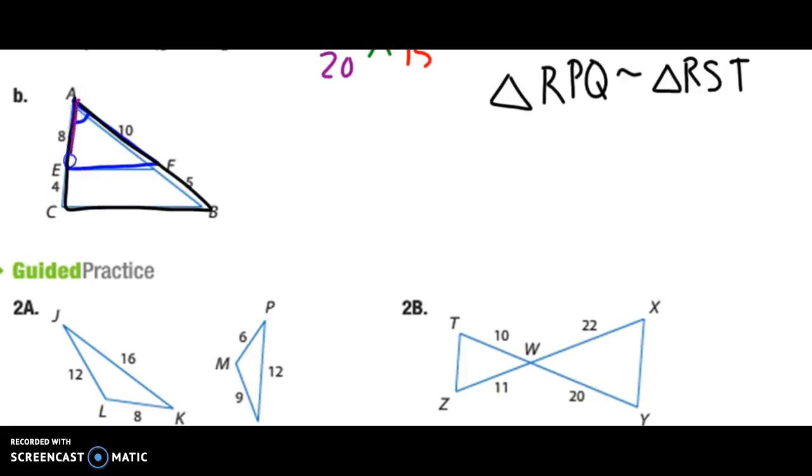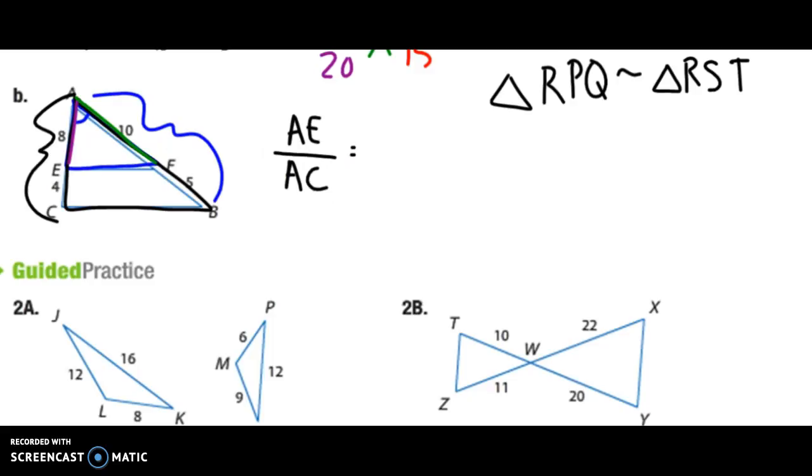Now what we have to see is if this side right here, AE over AC, is proportional to AF over AB. Okay, so I'll write it out this time. AE over AC should be proportional to AF over AB.